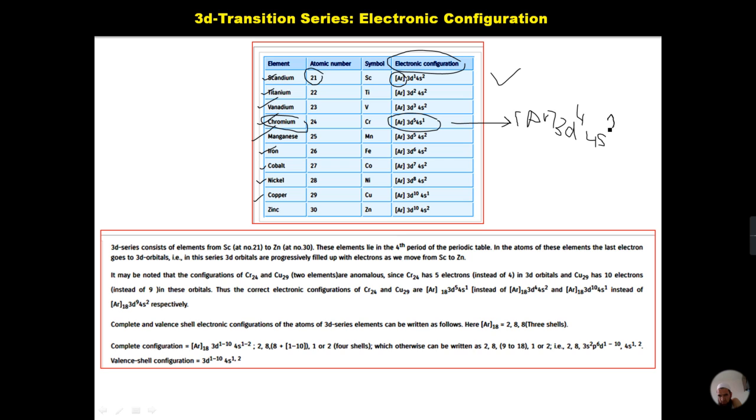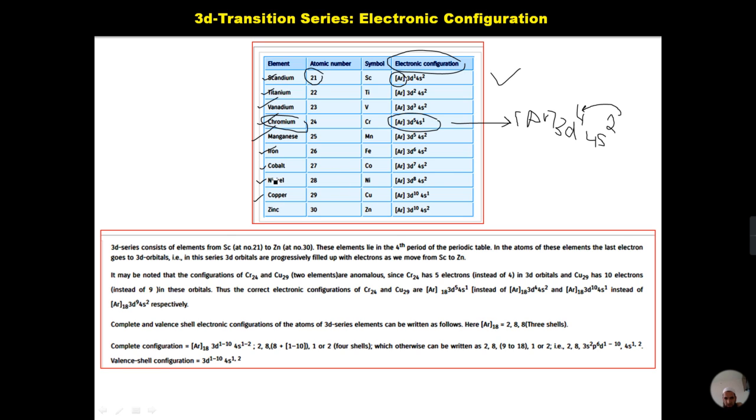This is what you normally expect as per the trend, since we are adding 1 electron each when we move from left to right. Okay? But here you see it is 3d5 4s1. That means 1 electron has shifted from the 4s orbital to 3d.